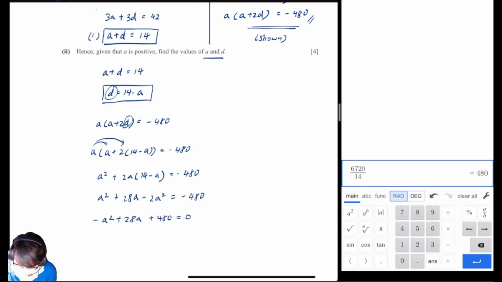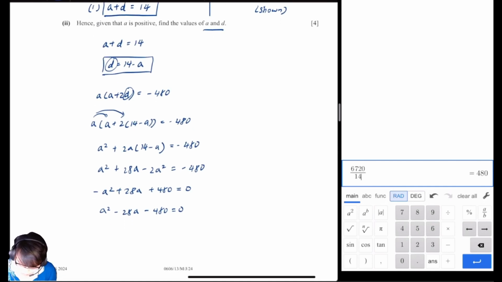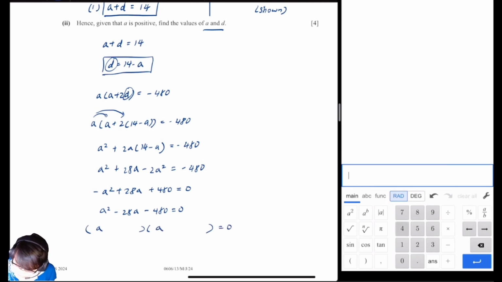To make things easier, let's make the coefficient of a squared positive, and then do the quadratic. For this case, let me try it out. 480 divided by 12, can I try? 40 minus 12. Yep, that's going to be it.